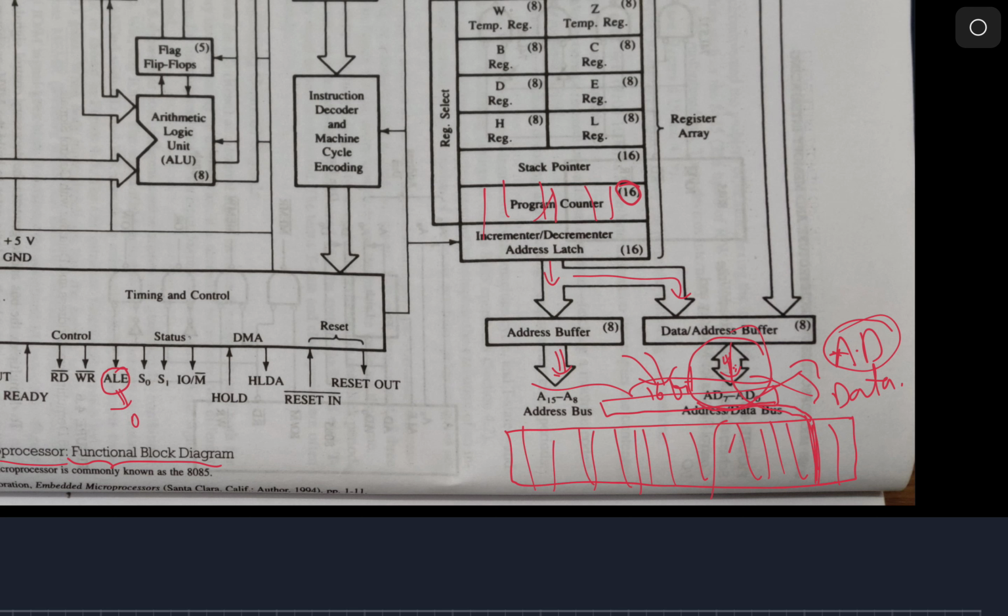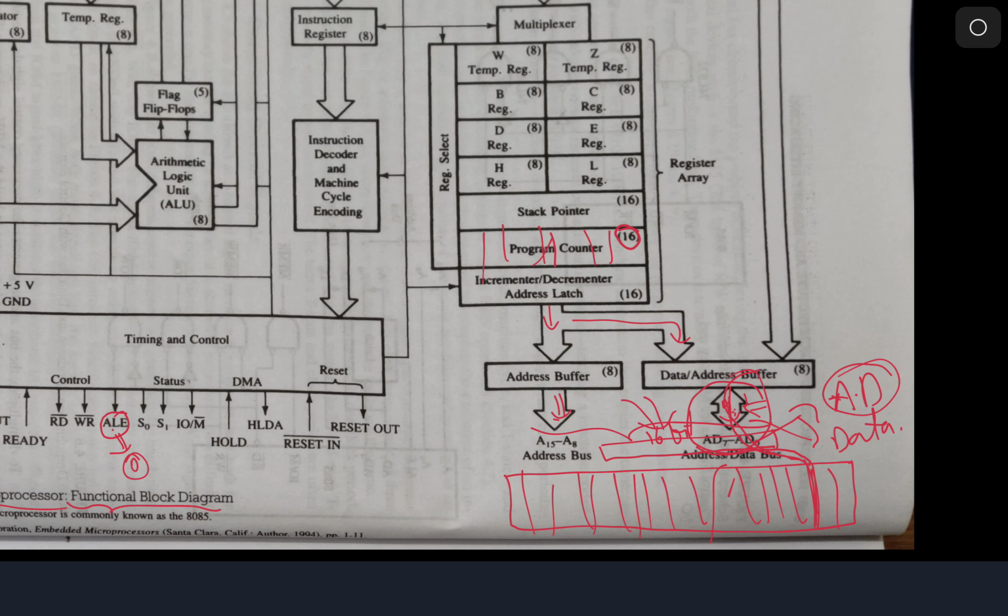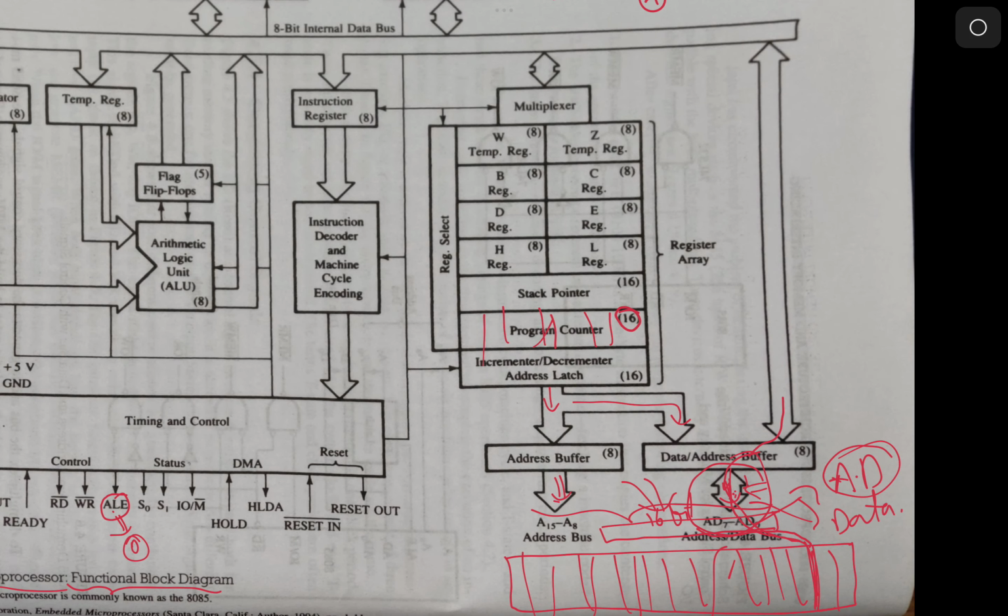While this transfer happens, this ALE has to be 0 so that this bus will be used as data bus, and this data has to be brought back to its data bus, and it has to be stored inside a particular register called instruction register temporarily.